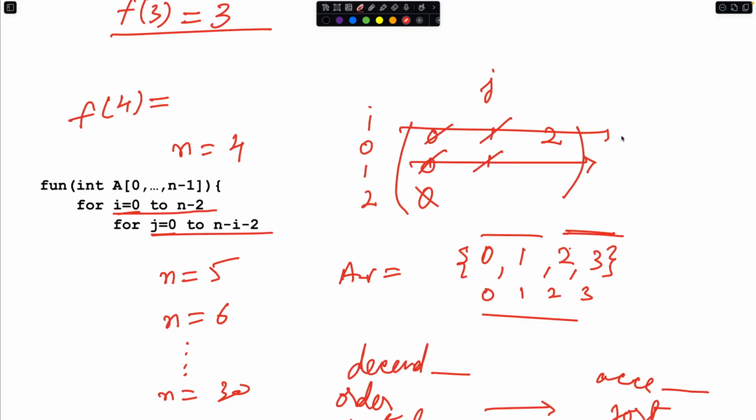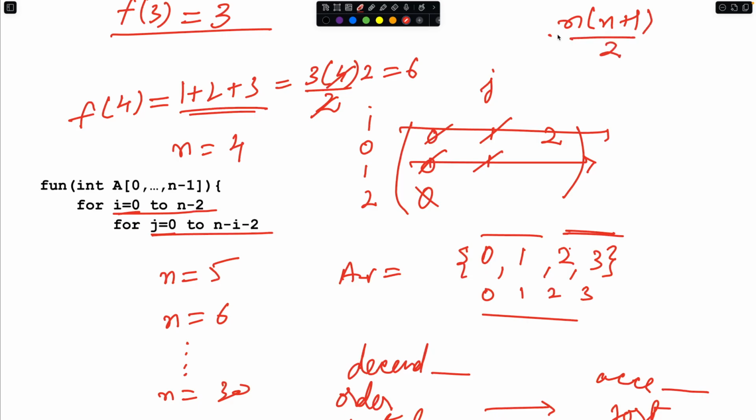So the total number of swaps is going to be 1 plus 2 plus 3. This is going to give us 3 times 4 by 2, that is 6. I'm basically invoking the formula n times n plus 1 by 2, which gives the summation of 1 plus 2 till n.